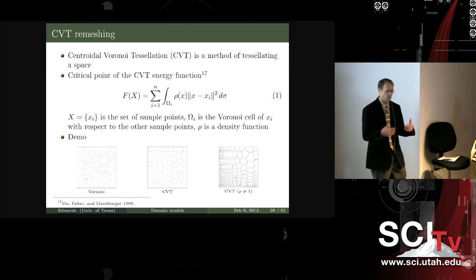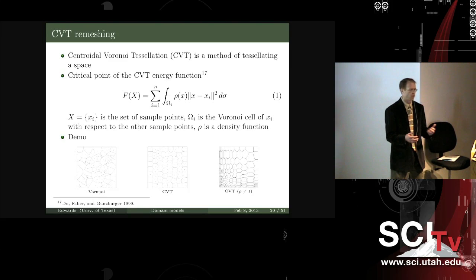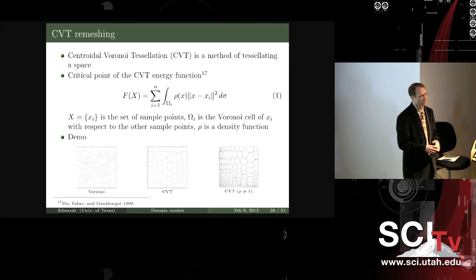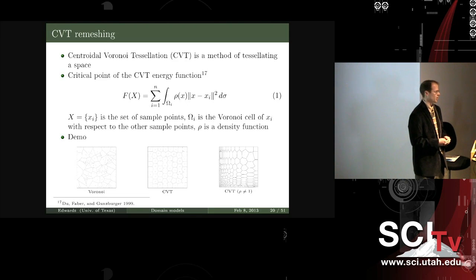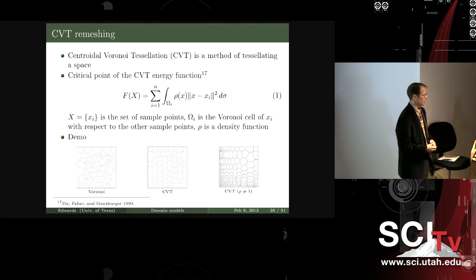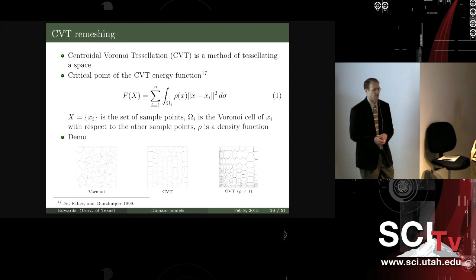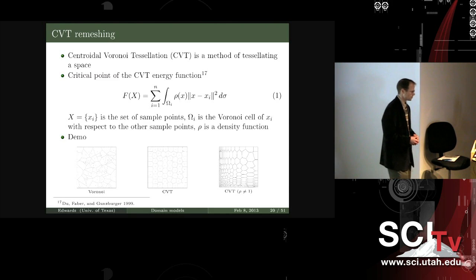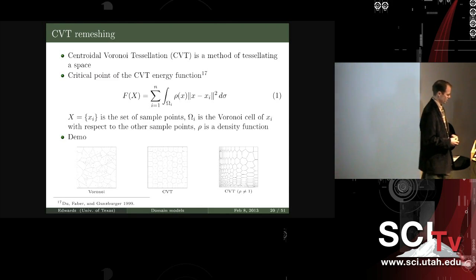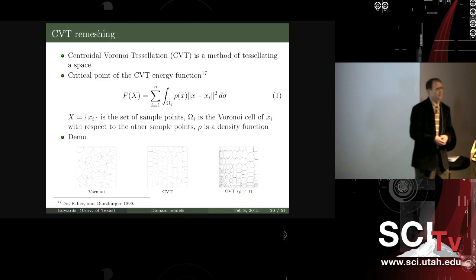And then recompute the Voronoi diagram and do that iteratively. It's actually linear convergence, not the greatest, there are better methods now, but it converges to the center. So you get very nice spacing, you take the dual, and you get a nice Delaunay triangulation. That's what's called a uniform CVT.